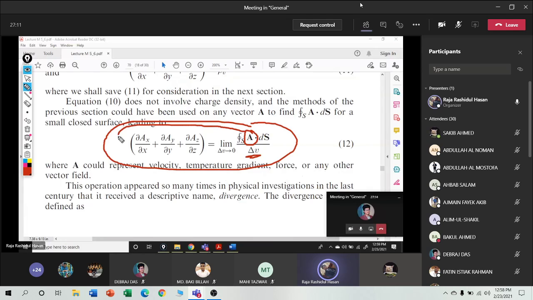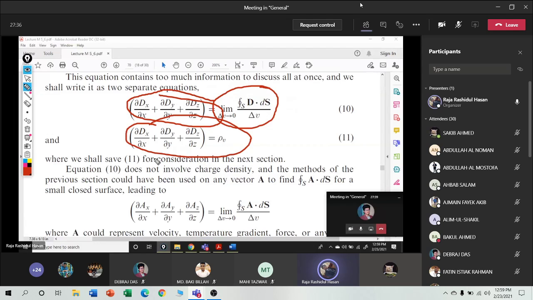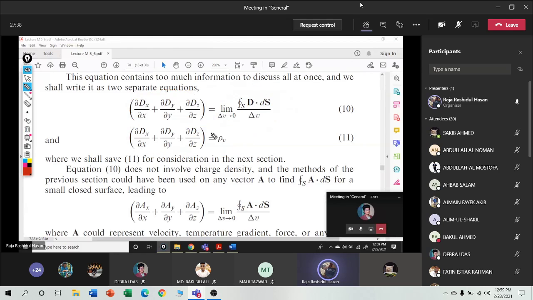A যদি হয় তাহলে ডাইভারজেন্সটা হবে del Ax by del x plus del Ay by del y plus del Az by del z. So this is the representation of divergence, for any vector, A, B, C, anything. So we can write the divergence in this way, and we have a relation between divergence and rho V now.